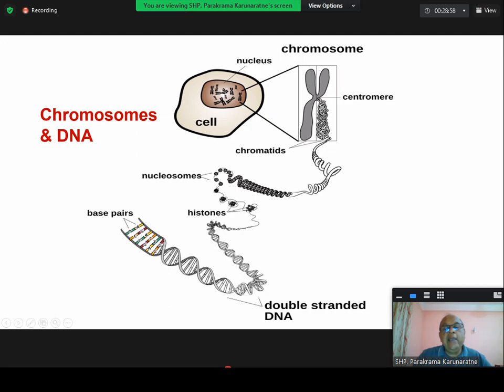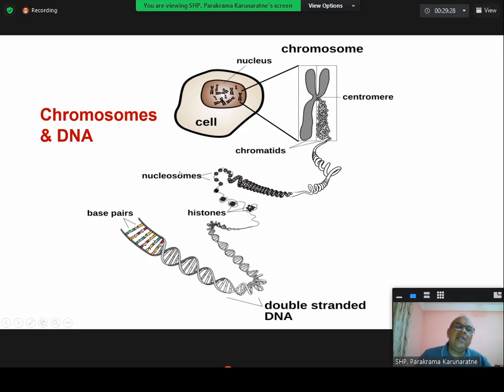This DNA molecule is wrapping around, or woven around, protein balls. These protein balls are called histones. So histones are protein balls. This DNA molecule is wrapping around protein balls and makes ball-like structures, right? These ball-like structures are called nucleosomes.